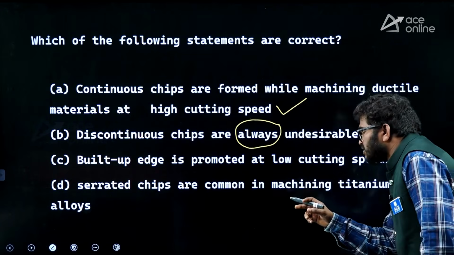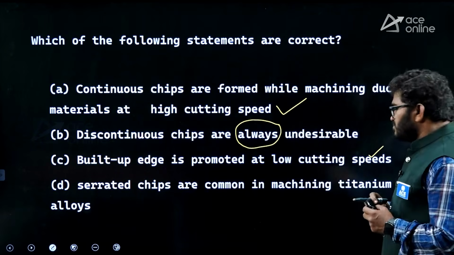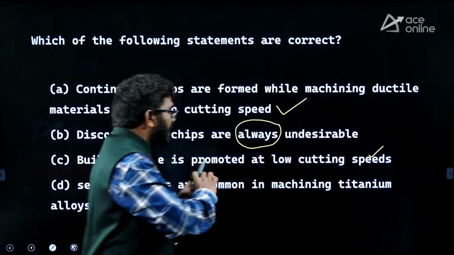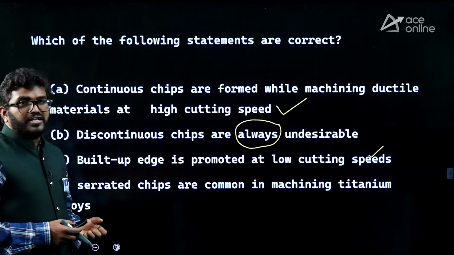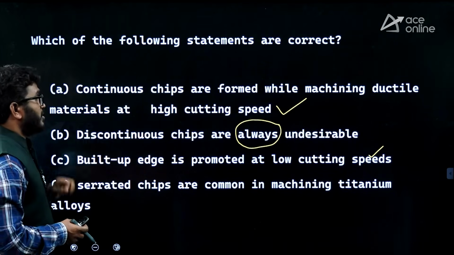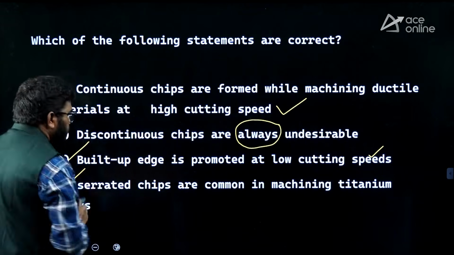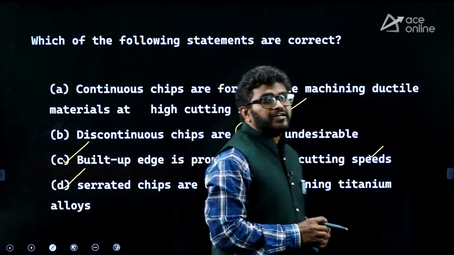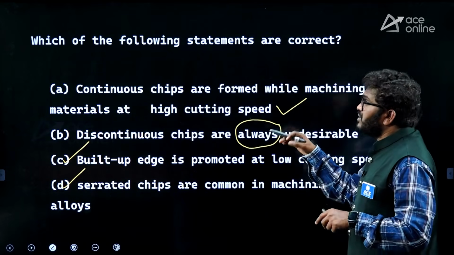And serrated chips are common in machining titanium alloys. Serrated chips are sawtooth-like chips, mainly formed in titanium alloy materials. So the third and fourth statements are correct, but the second statement might be correct if the word always was not given.